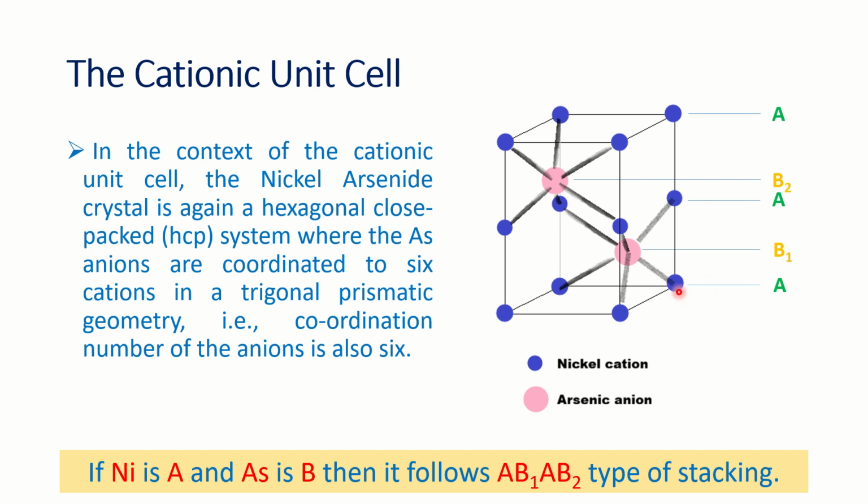Look, the same type of stacking you can see here. If this one is A and this one is B, then this B is a little bit different. So you describe this one as B1 and this one as B2. But A is always repeated. So A B1, A B2.